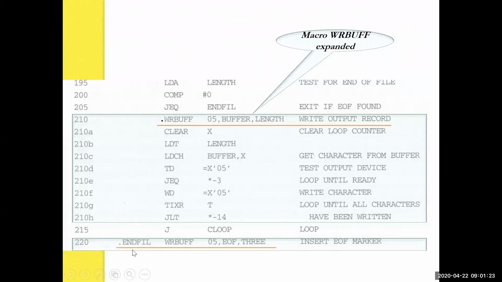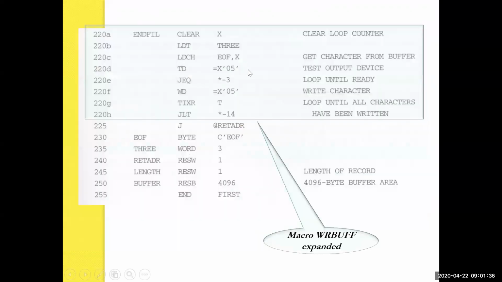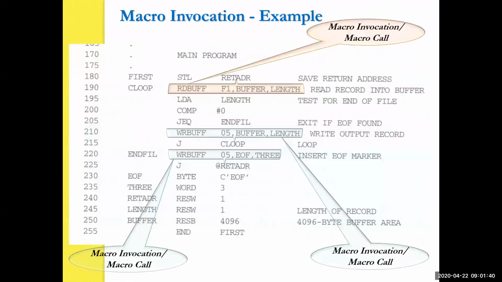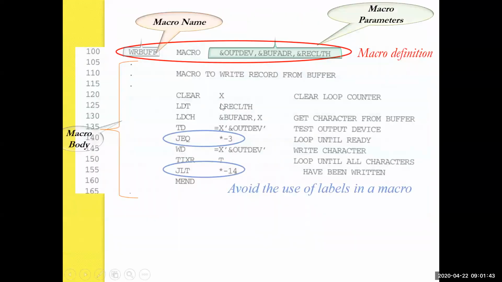So after JC loop, we may see that the macro invocation itself is written as a comment line, and I have highlighted it in the blue rectangle. The following statement should indicate the expansion of the macro WRBUFF. So we can see it here. CLEARX is the first statement. I'm going back again to show the macro WRBUFF. The first statement is CLEARX, the last statement is JLT minus 14.